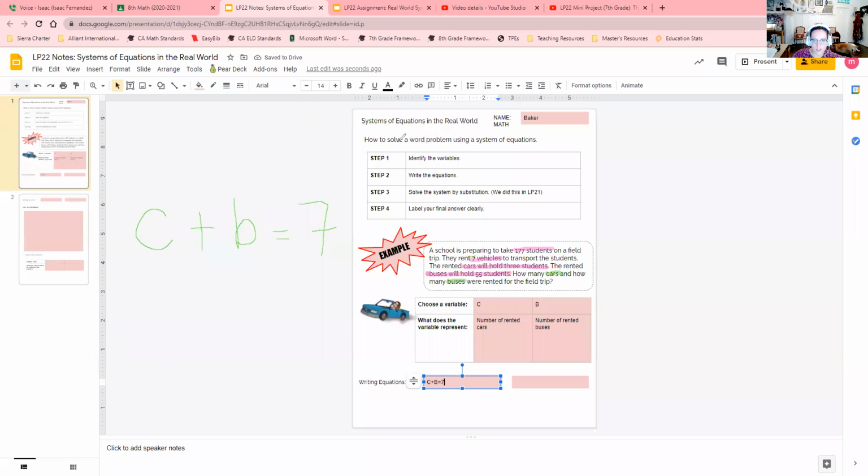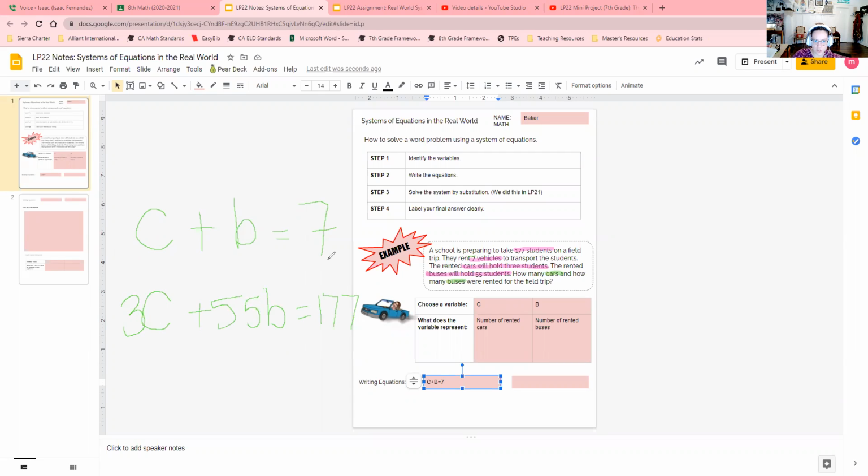The second equation, we're going to actually worry about the people. So each car can hold 3 students. So 3 students times the number of cars tells us how many students are in the cars, plus 55 students in each bus to give us a total of 177 students, right?